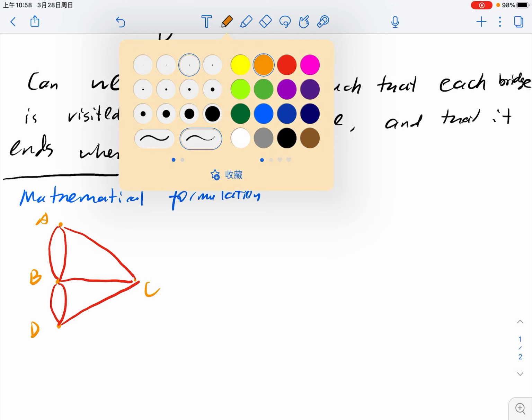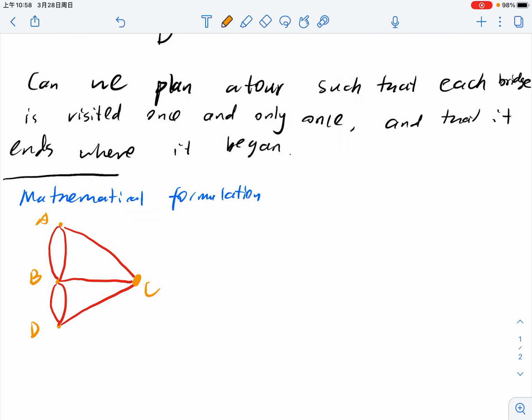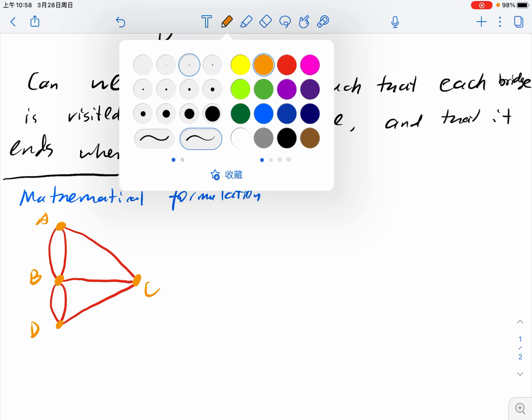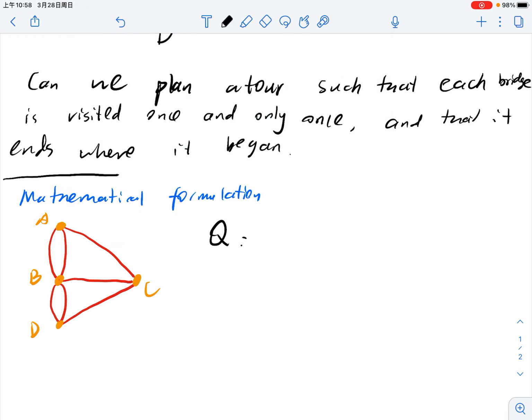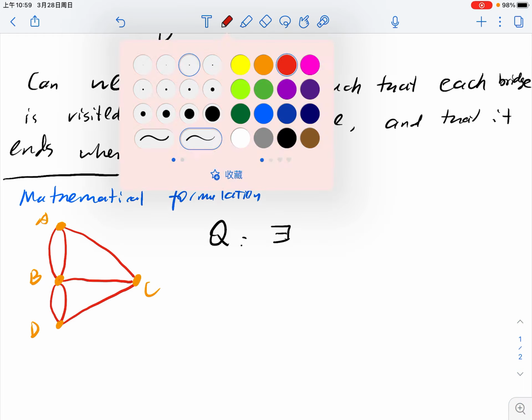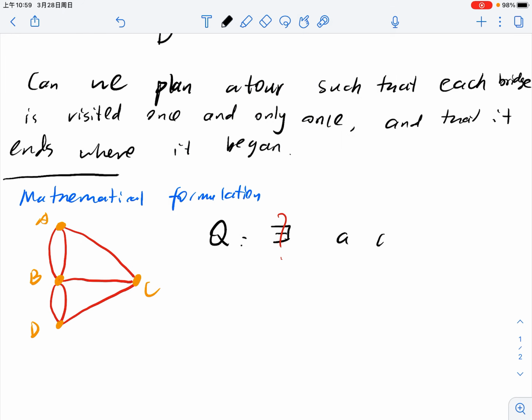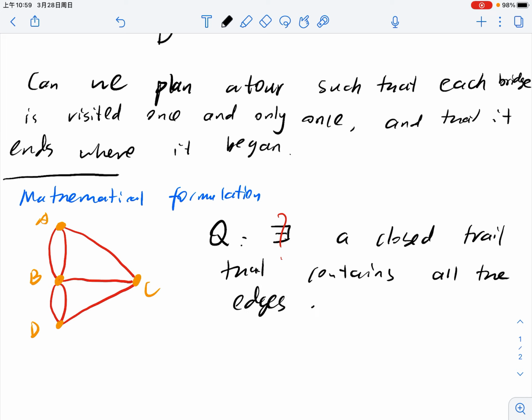Okay, now you have a graph like this, and then the question is: is there any closed trail that contains all the edges of G?